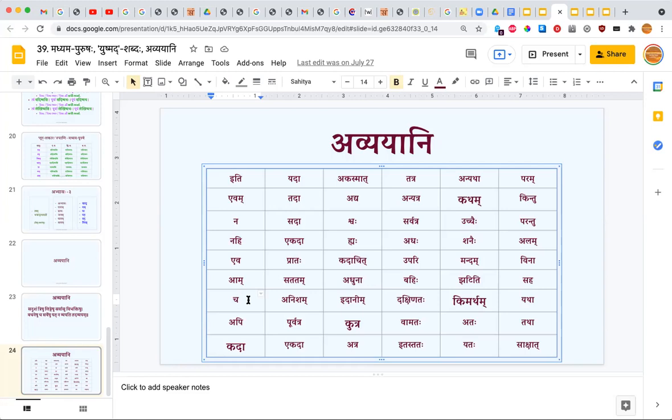Rama and Lakshmana went to the forest. So there cha is used with Ramaha and Lakshmanaha, Pumlinga. Sita, what is Sita's sister's name, I forget. Urmila. Sita, Urmila cha sahodaryau. So Sita and Urmila are sisters.